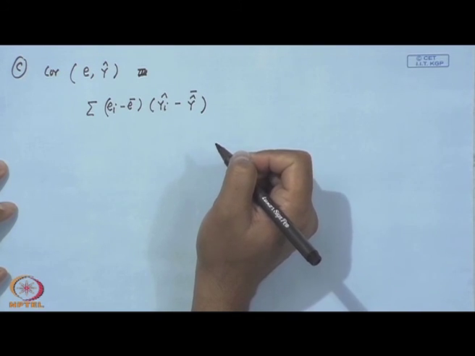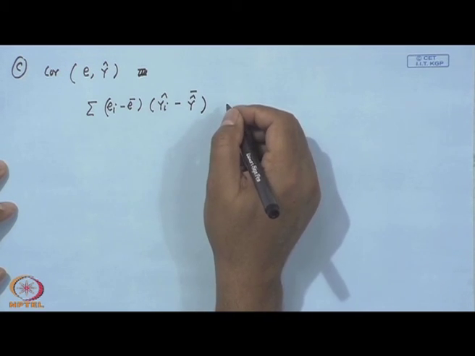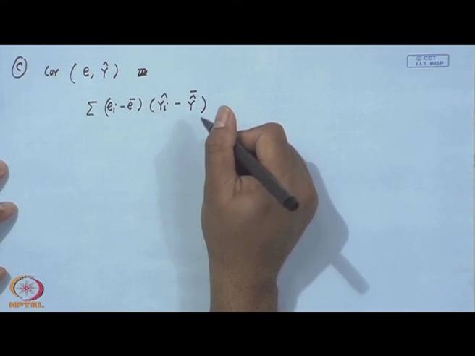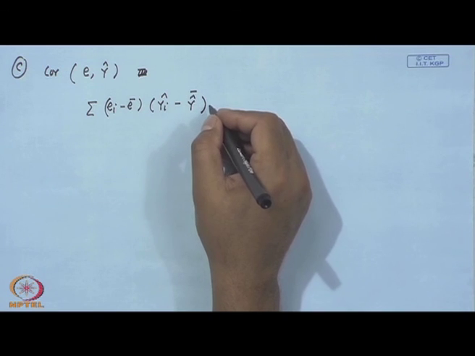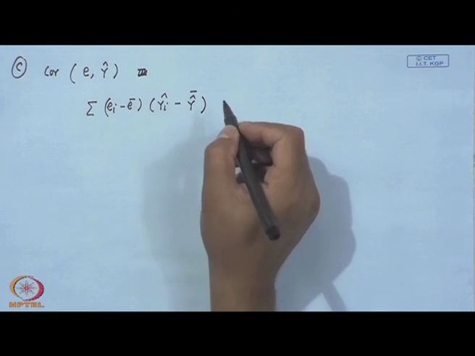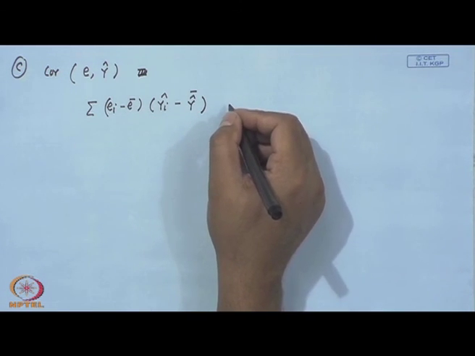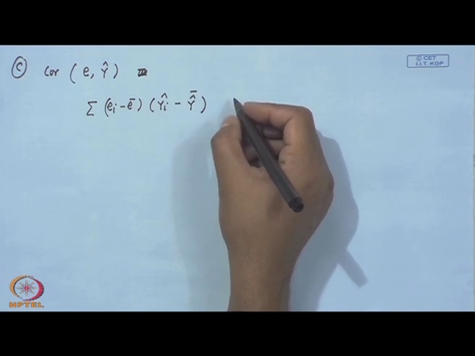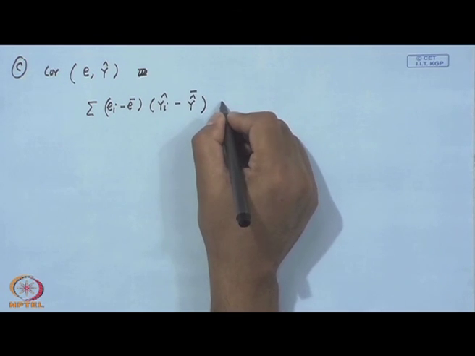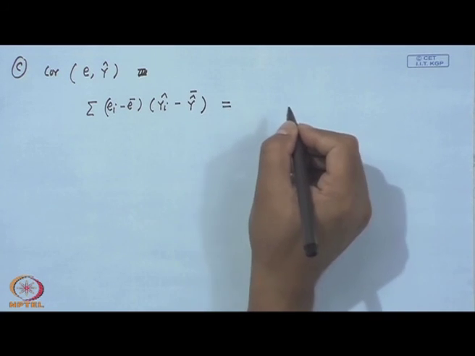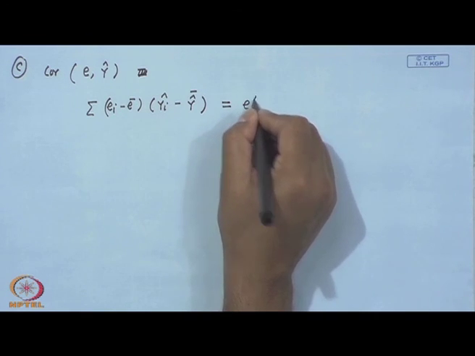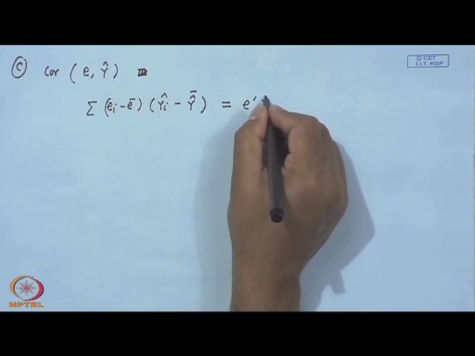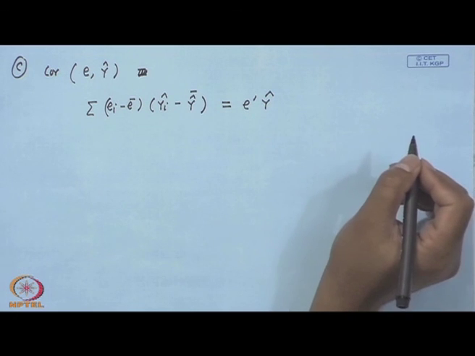Now, E bar is equal to 0, so this can be written as E prime y hat.